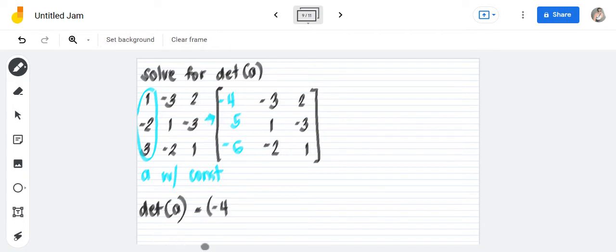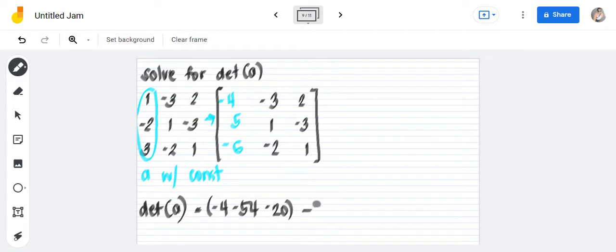That's negative 4 plus negative 3, negative 3, negative 6, so that's plus negative 54. Then we have 2 times 5 times negative 2, so that's minus 20.